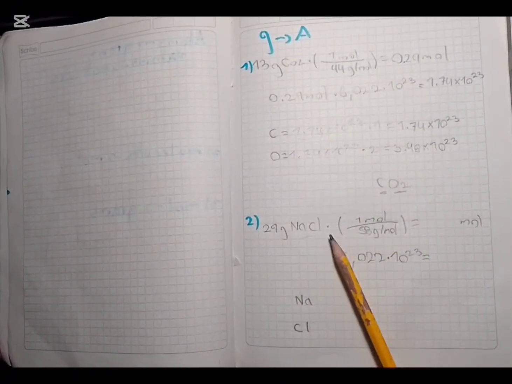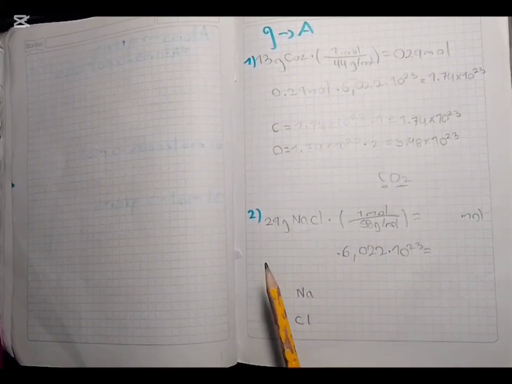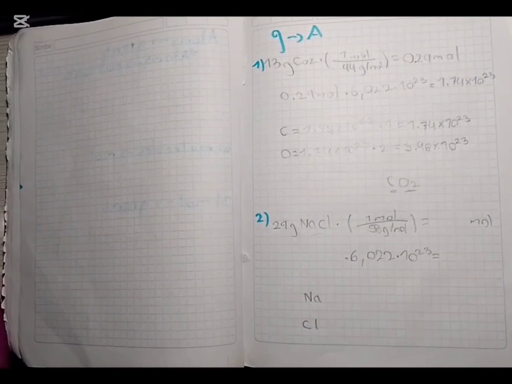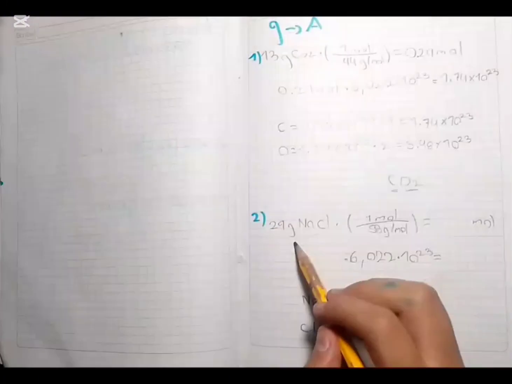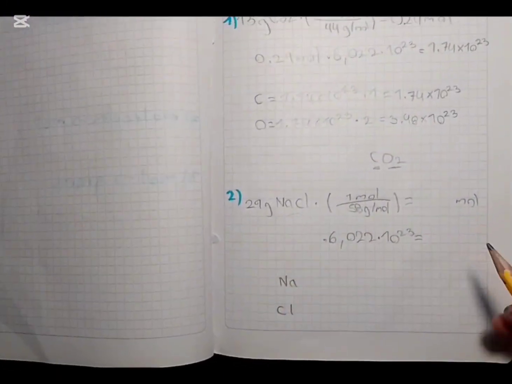The next exercise is sodium chloride, and I have 29 grams, and I need to pass these grams to atoms.